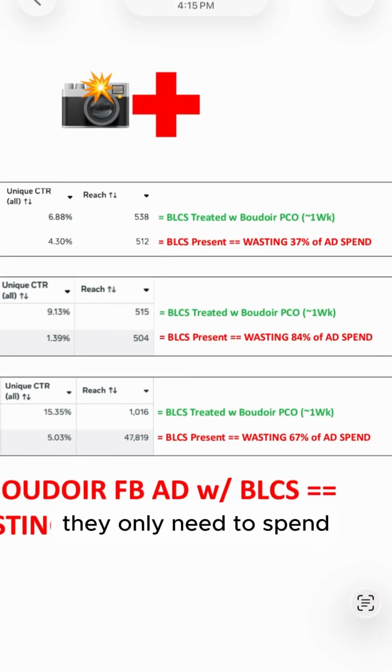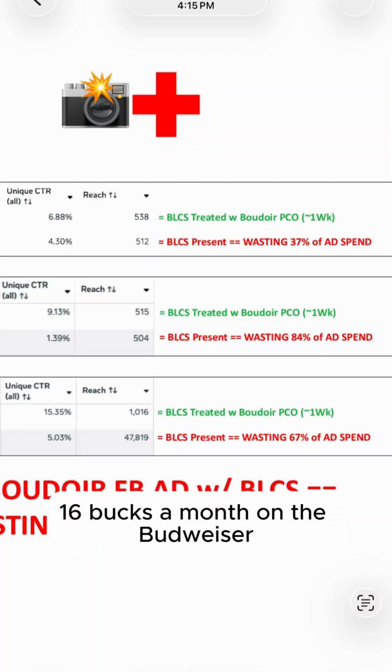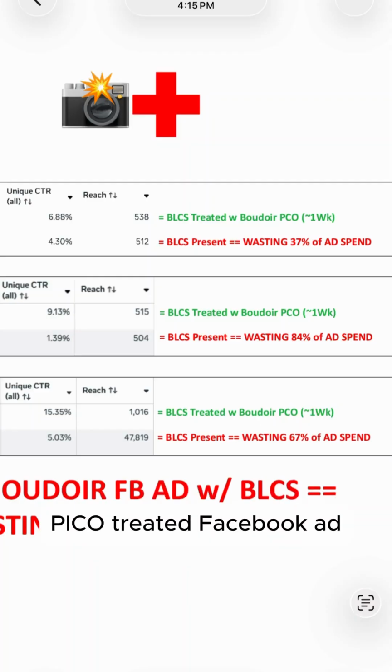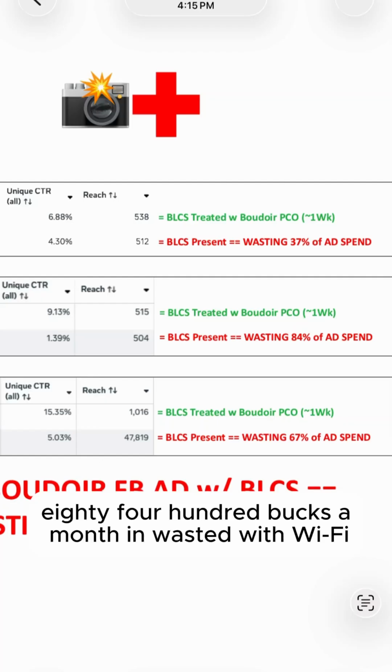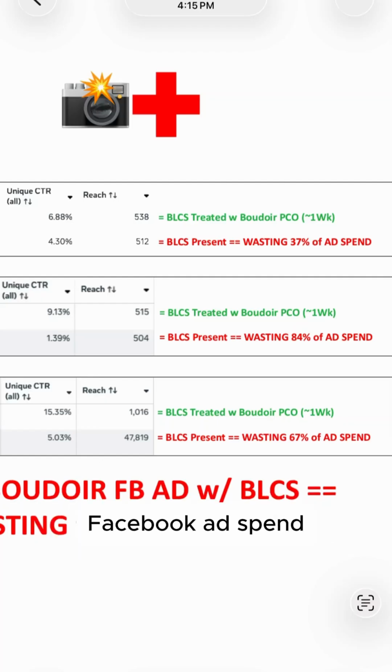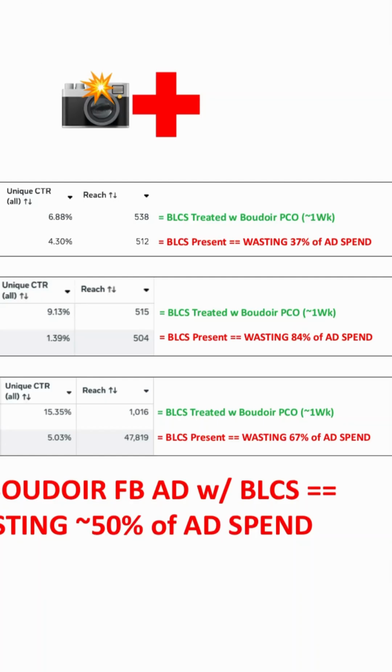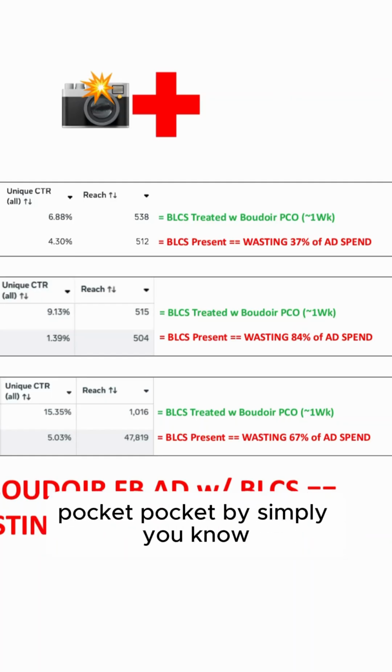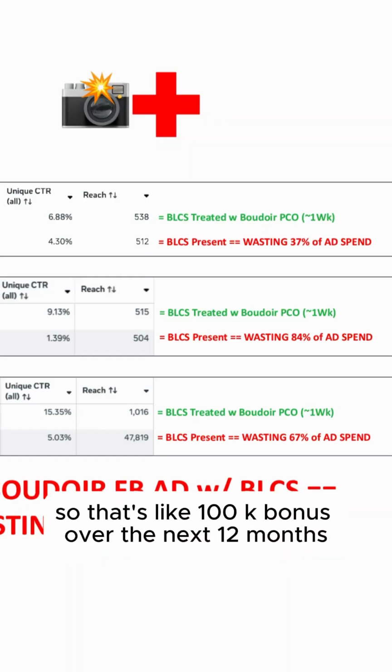Now they only need to spend $1,600 a month on the Boudoir Pico treated Facebook ad, and they get their ad into the same number of women's brains in both scenarios. So they eliminate $8,400 a month in wasted Boudoir Facebook ad spend, and they just pocket that $8,400 a month by simply not spending it. So it's like a 100K bonus over the next 12 months.